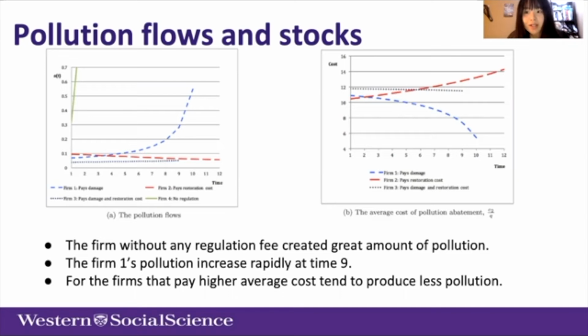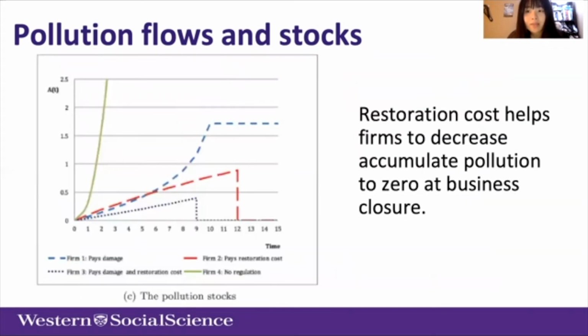This is because, as we can see on the right-hand side, there is a huge decrease in the average environmental cost. In terms of firms 2 and 3, those two firms pay a higher average cost, so they tend to produce less pollution. Another picture is focused on the pollution stocks.